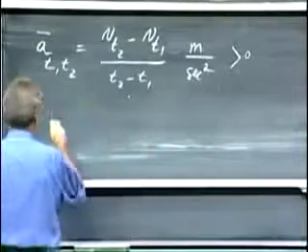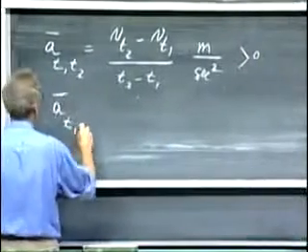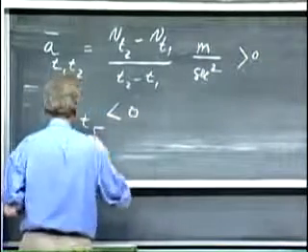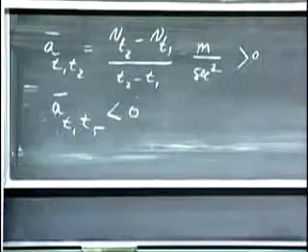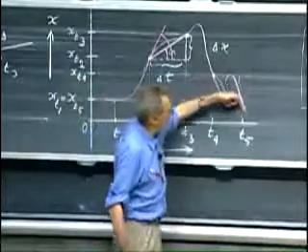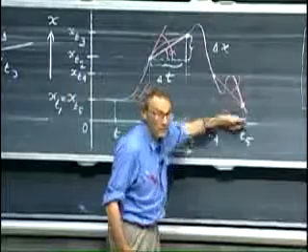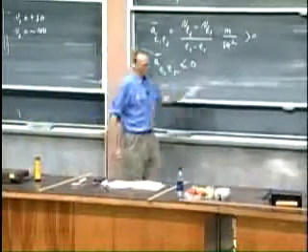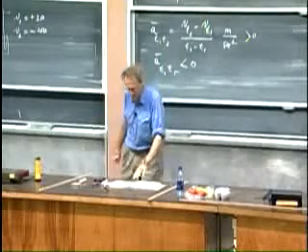However, if you take the average acceleration between t1 and t5, that is smaller than 0. Because here, the velocity is 0, but here, the velocity is negative. So if you substitute that in there, you get an average acceleration which is smaller than 0.